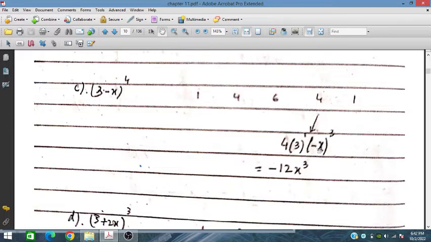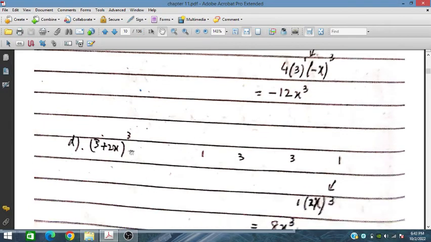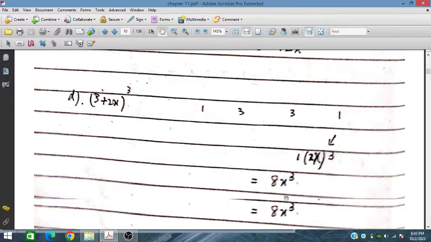4, 3 minus x, this coefficient is here, this a is here, and the b is, so we get this one. Similarly for d, the last one, we get this.